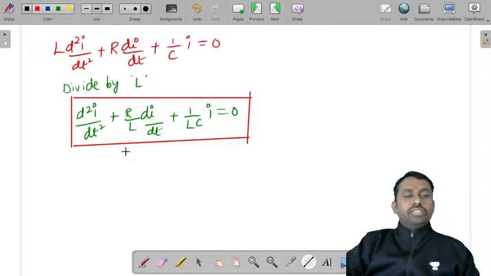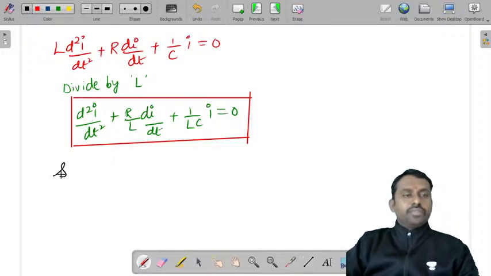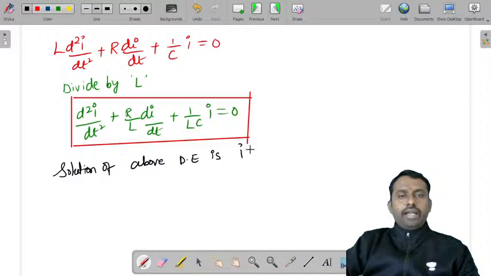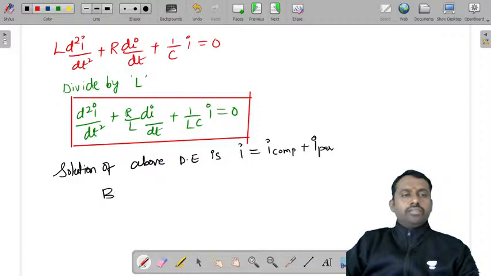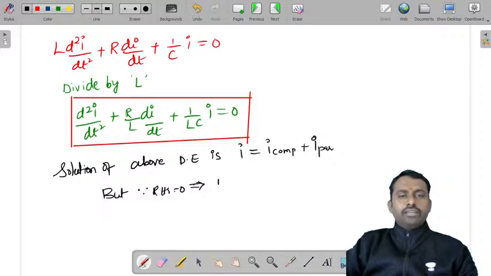What is the solution of this differential equation? The solution of the above differential equation is I is equal to I complementary plus I particular integral. But since RHS is equal to 0, this implies I particular integral is equal to 0.